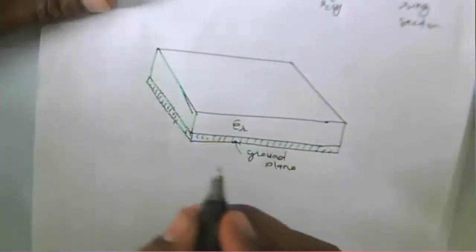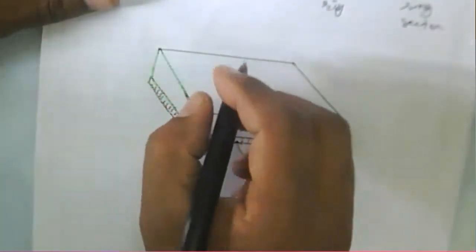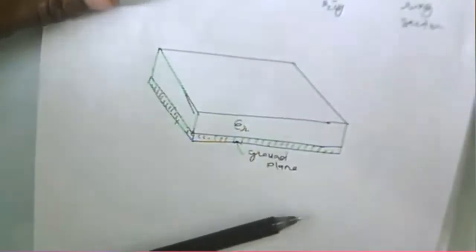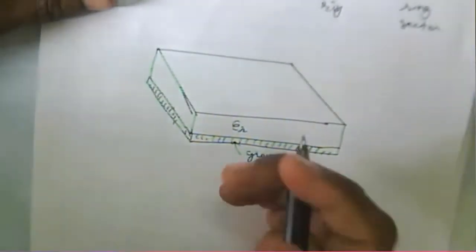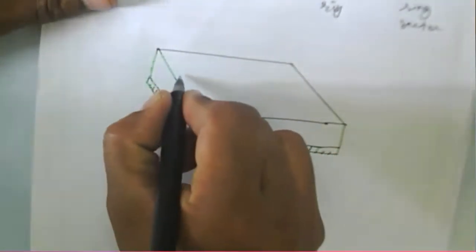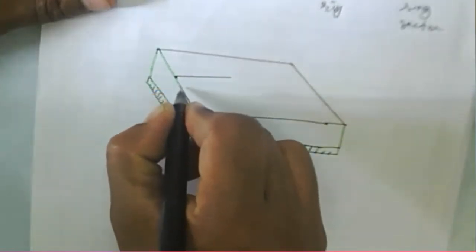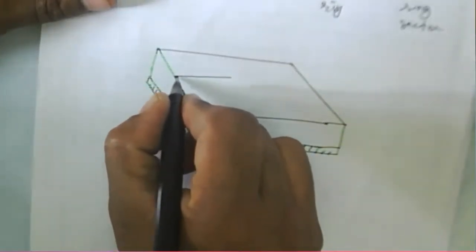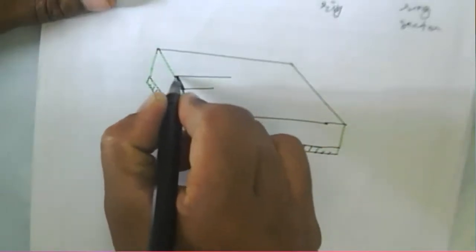The dielectric material has a relative permittivity epsilon r. Above it is the shape of the patch that we have designed. It is like a rectangular shape here.